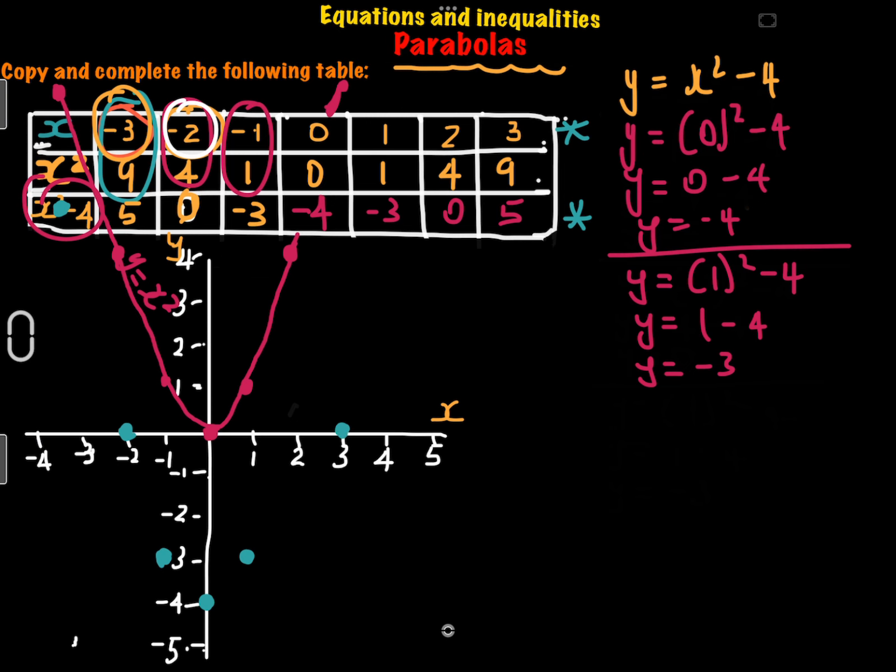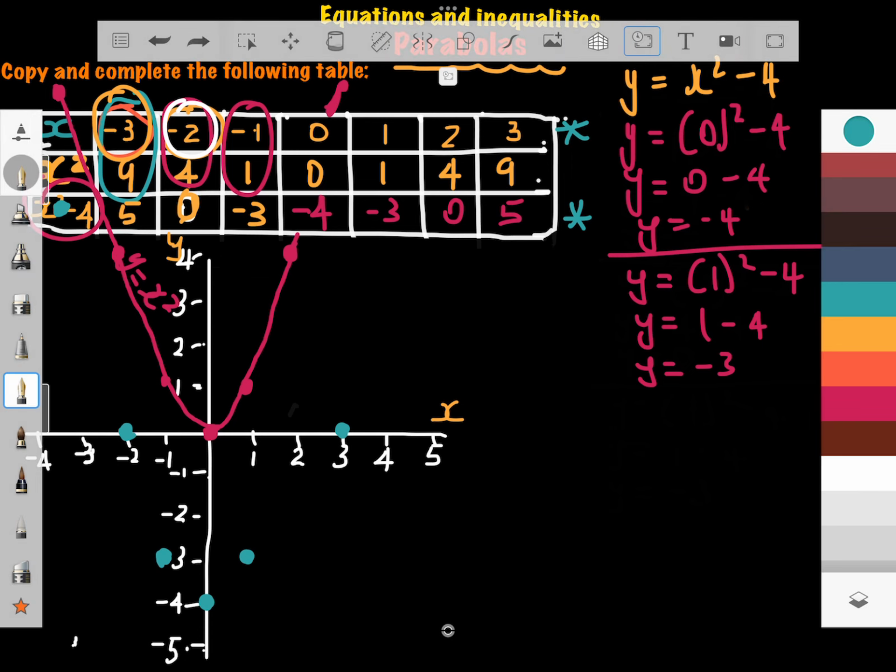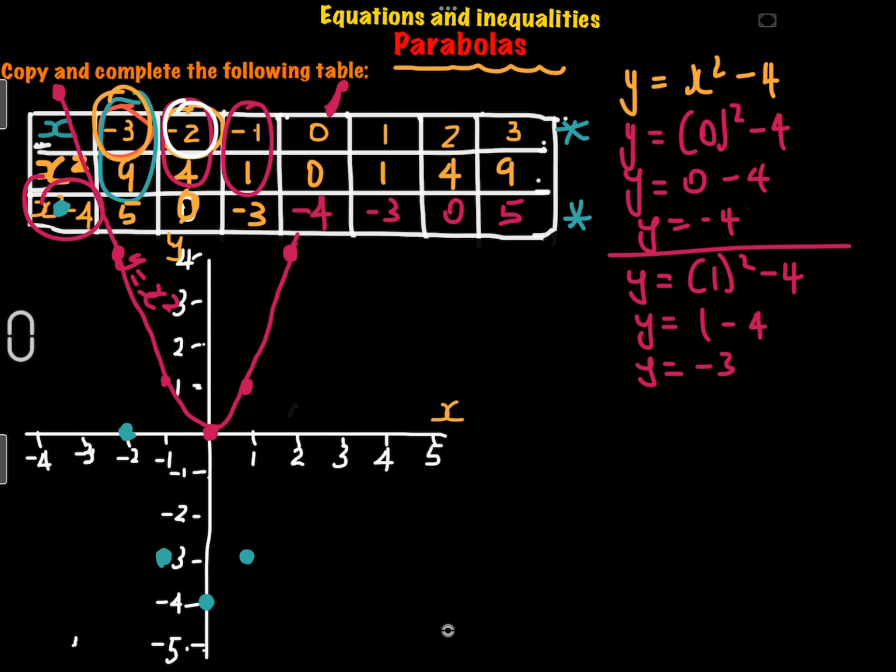And then finally, this is actually addressing 2. When x is equals to 2, y is 0. That's the point. And then finally, when x is equals to 3, y is 5. So it's somewhere there. Okay. So essentially what this means now is to join all these points by means of a line.